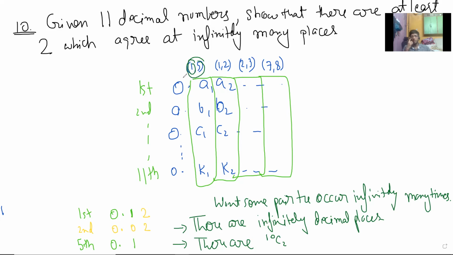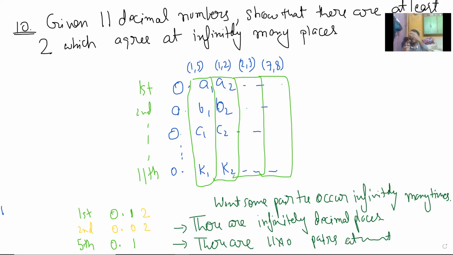The first part can be from 1 to 11, and the second part can also be from 1 to 11. So maybe you can say 11 into 10, which is not exactly correct, but 11 into 10 is certainly an upper bound. It cannot be more than that. There are at most these 11 into 10 pairs, so there are some finite number of pairs.